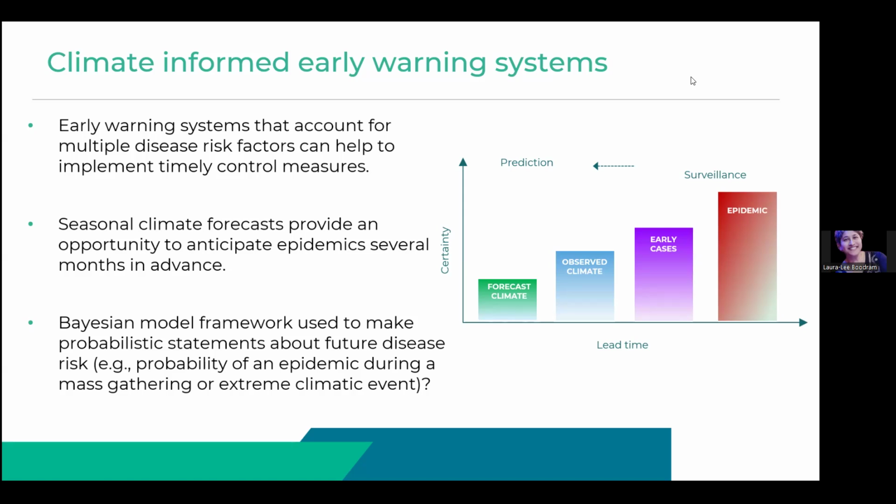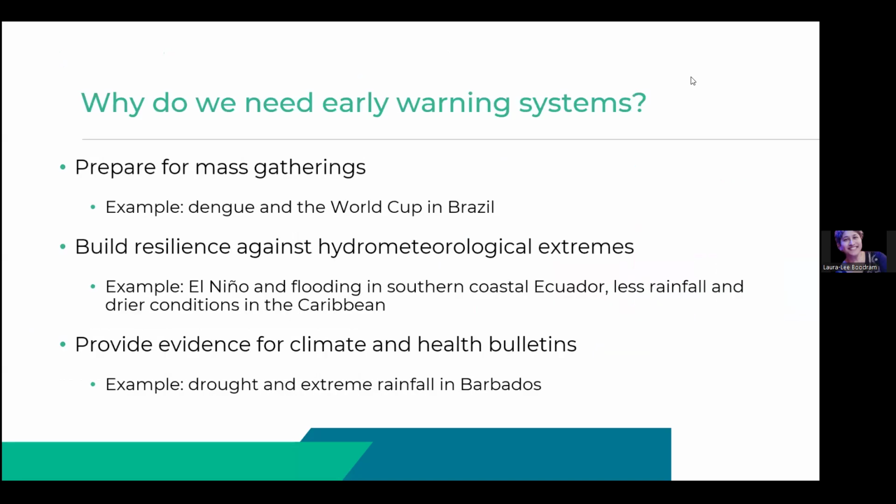Right? So the type of work that we do, some of the models are based on the Bayesian framework, and we try to make these probabilistic statements about future disease risk. And recently, I'm just going to give an example, we've been able to successfully pilot it with a mass gathering event in context.